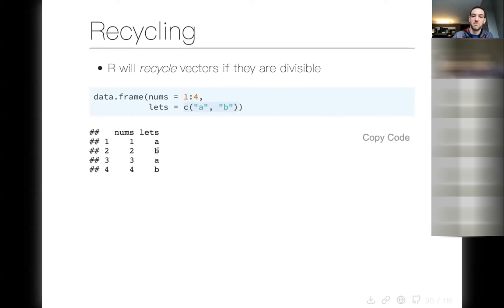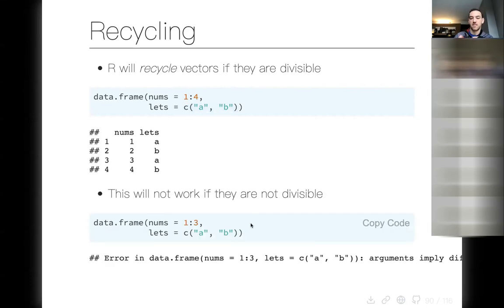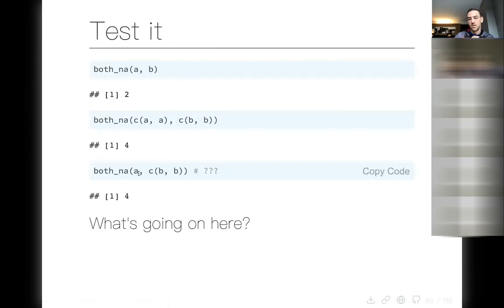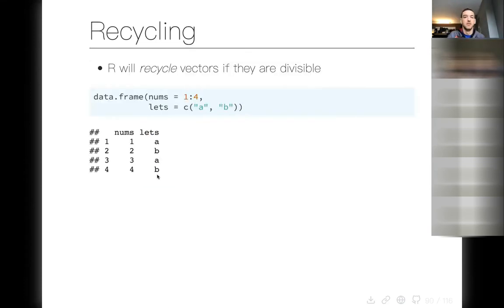So you can see this goes A B and then A B. Okay, so that's called recycling. And that's what's going on in that last one. In this case, A is being recycled, so this and this are exactly the same because A is being recycled, okay?